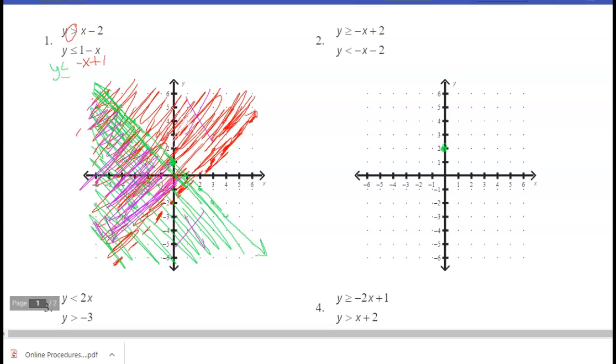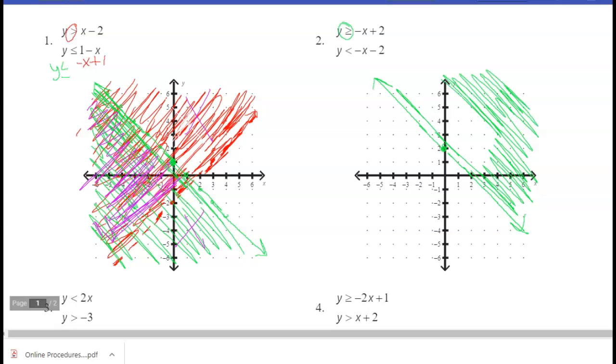So it's a solid line that has a slope of -1. Remember, negative slopes go down and to the right. And then it's a greater than or equal to, so that's why we had a solid line. And then we shade above it. So anything over in this direction would be true.